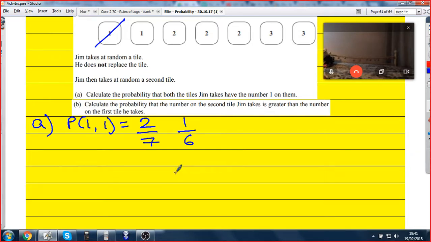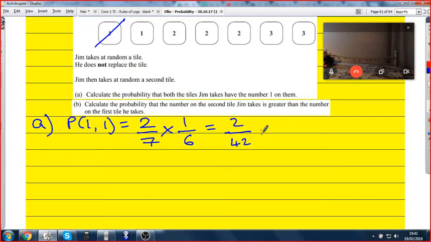And then times them. Yeah. So it would be over 42. Yeah.